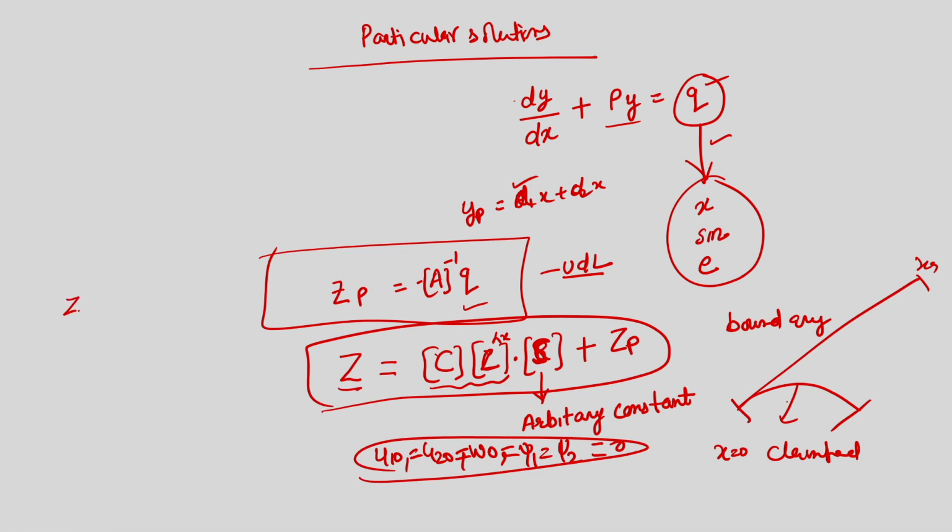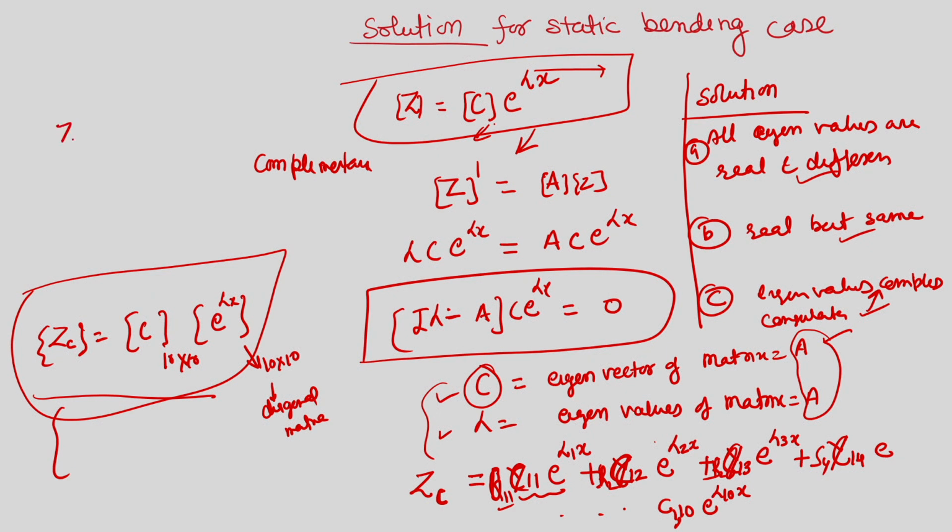Let us say z1, z2, z3 at 0 will all be 0, and putting x is 0 we will get these 5 variables, and then when x is equal to a, maybe some other boundary condition, or again you can say clamped, so another set of variables. So at x is equal to 0 there will be 5, and at x is equal to a there will be 5 again.